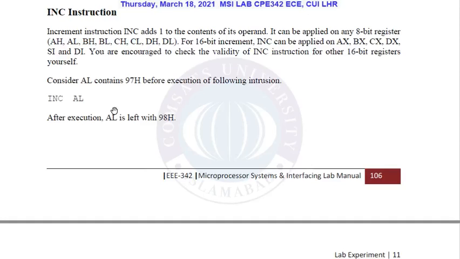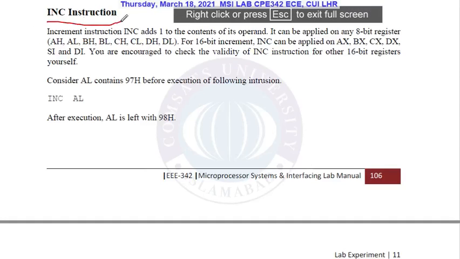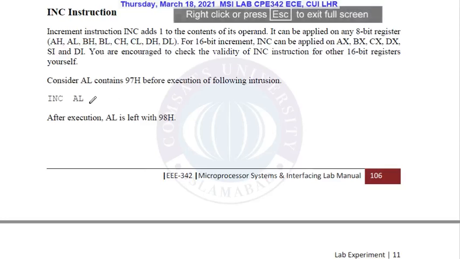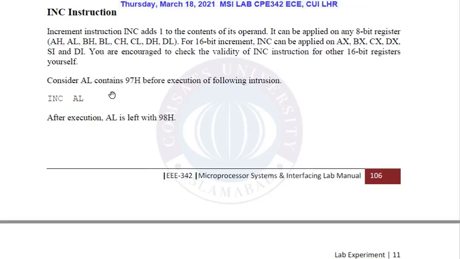Now, if I move forward, there is another command, that is INC. Basically, INC is the short form of increment. Now, as I have told you earlier, there are a few commands that need only one operand. So increment and decrement are such commands. For example, if I write INC AL, that command will increment the value of AL by 1.